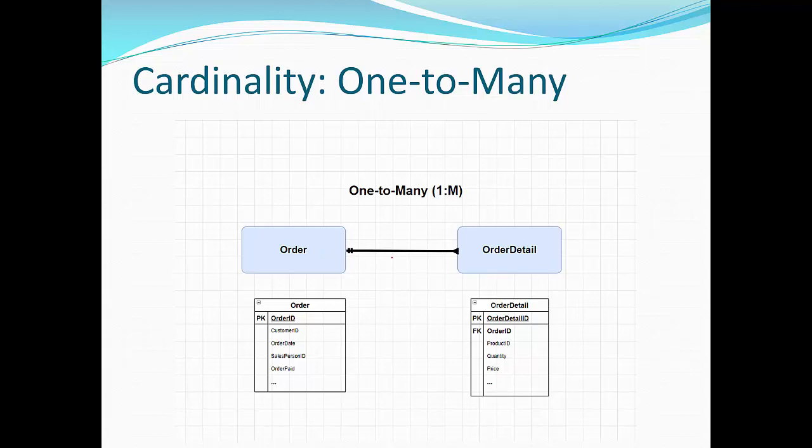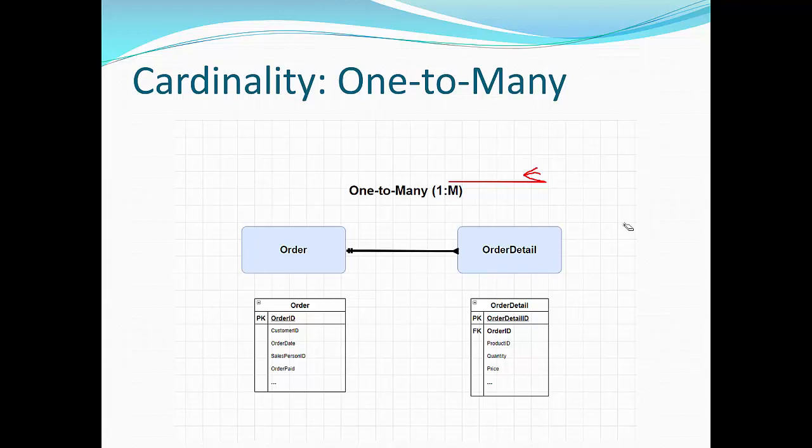Just by looking at the diagram, you know that the order is the one side, and you see that on the other side, the order detail, there's a different symbol. Actually, if you look at this symbol very well, it looks like three prongs going to connect to the order detail.